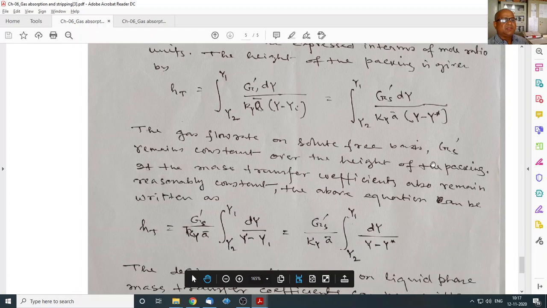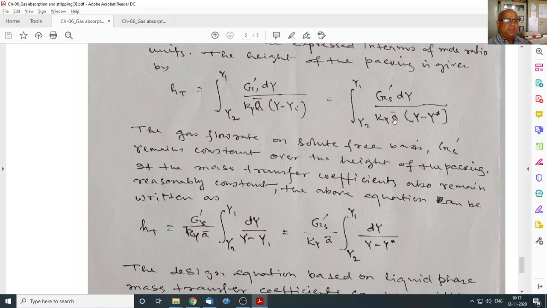Now you can take this expression out of the integration, because when G' increases, ky will increase, and a is also increasing, but if you take the whole term as constant, generally it is the same way we took in the last one, but that time we used y star, which here you need not.